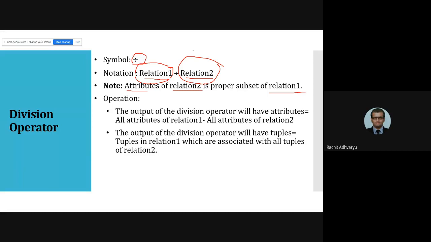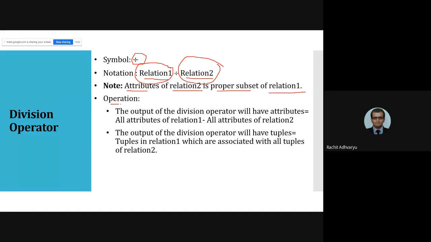Again I'm repeating: all the columns of table 2 must be present in table 1. That is what proper subset is, right? So table 1 will be your universal table, and table 2 will be your subset table.